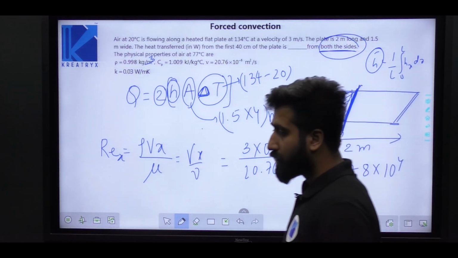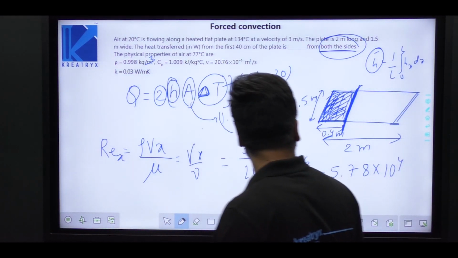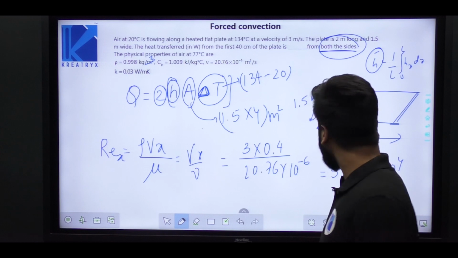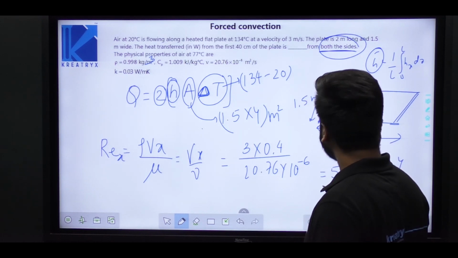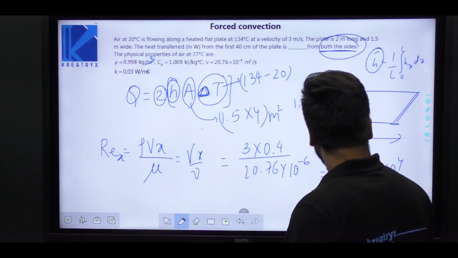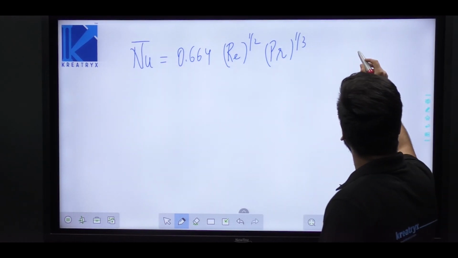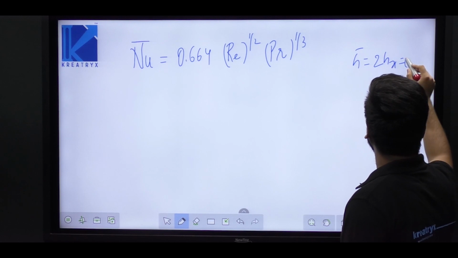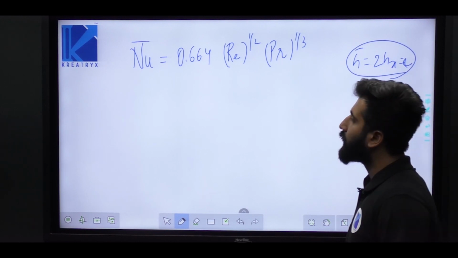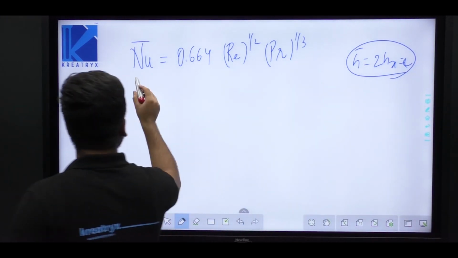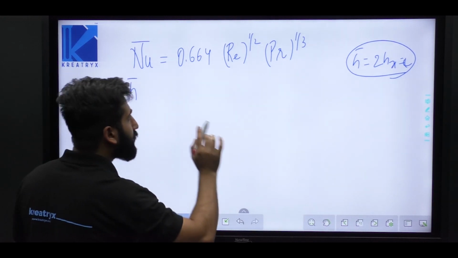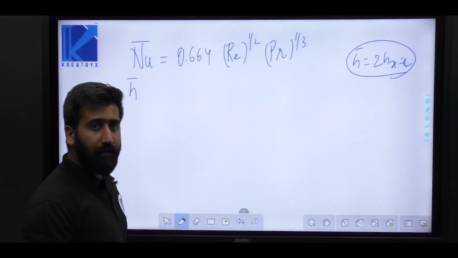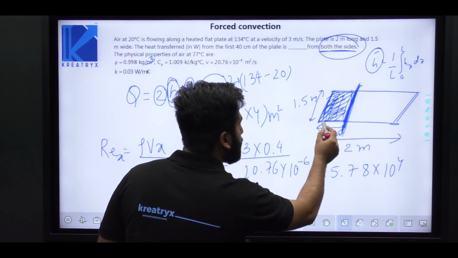And what is the value of that H bar in terms of the local heat transfer coefficient at x is equal to L? H bar is twice of H local. Or I can directly use this relation, which will directly give me the average heat transfer coefficient over this length.